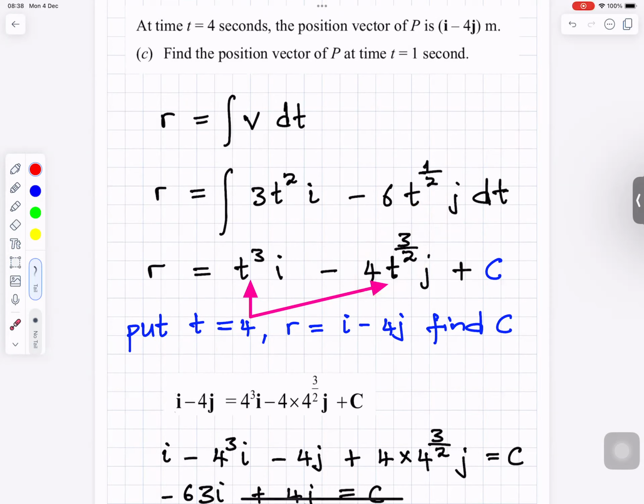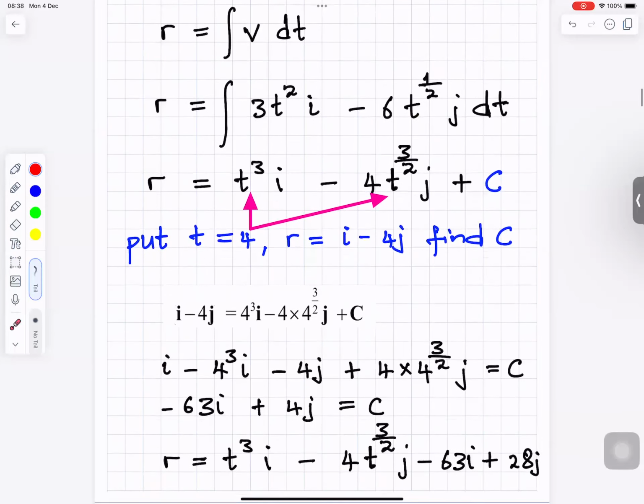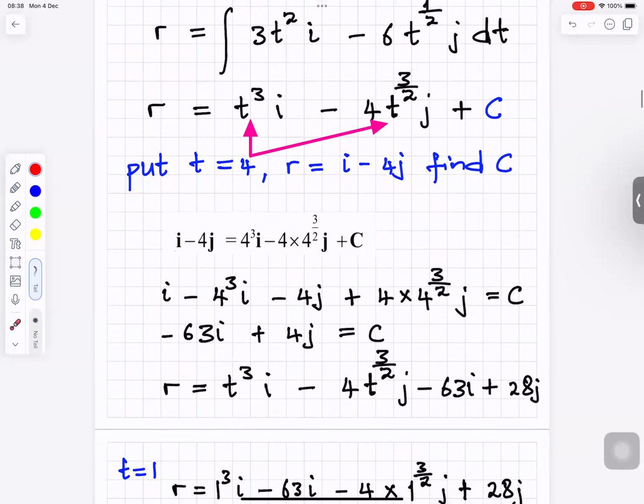Now, it tells us that t is equal to 4, and r is i minus 4j. So what we want to do is find c. C is the constant of integration. So we substitute what t and r are. So we put the position i minus 4j, and then we sub in t to be 4.